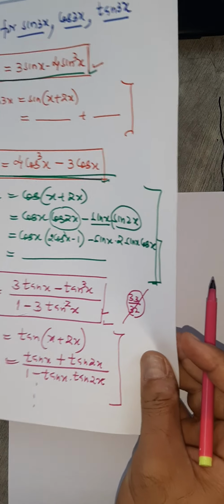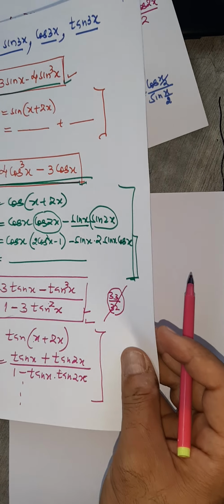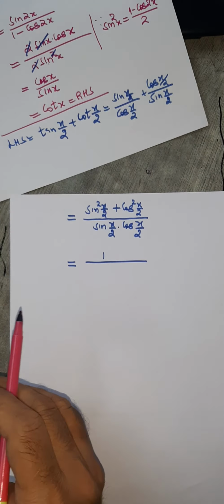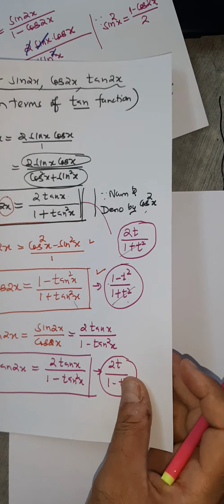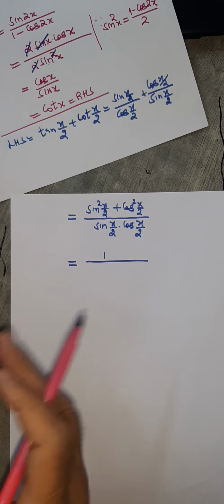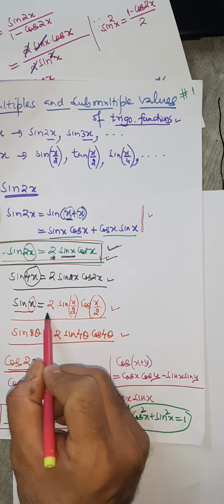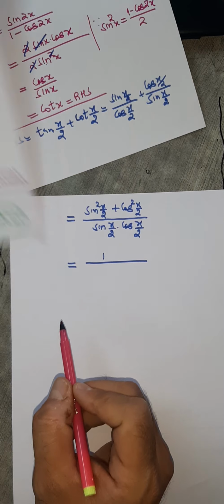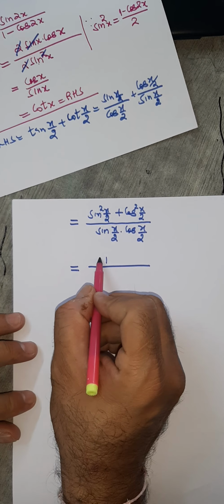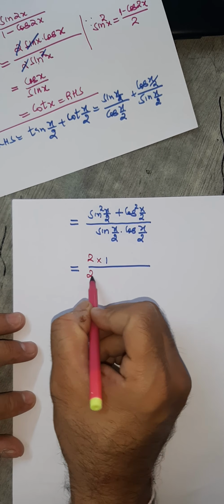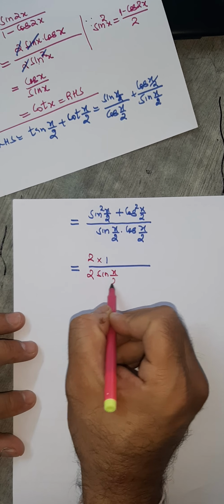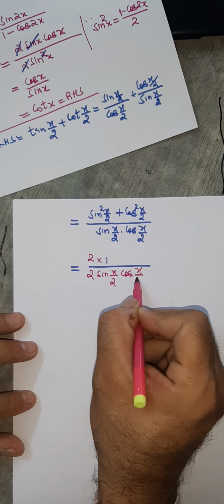Just recall this formula. If you just have a look at this, not this one, sorry, this formula. See this, you require 2 here. So what I'll do, I'll multiply and divide with 2. So I'll write here 2 upon 2 sine x by 2 into cos x by 2.